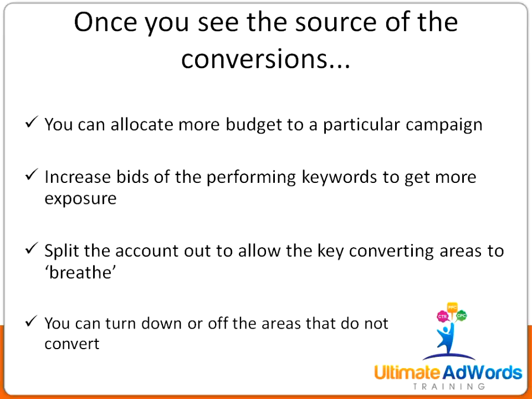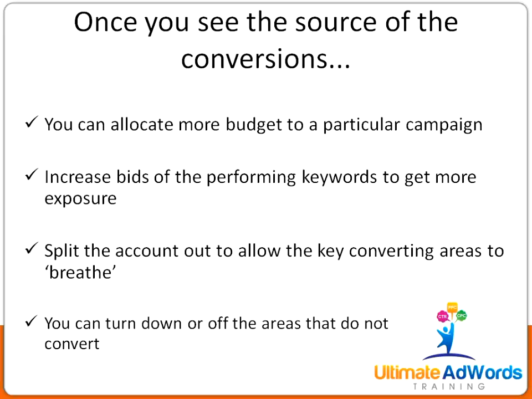Once you understand the source of the conversions, you can then allocate more budget to a particular campaign. You can increase bids of the performing keywords to get more exposure. You can split out the account to allow the key converting areas to breathe.